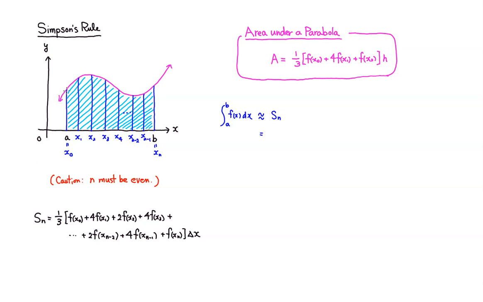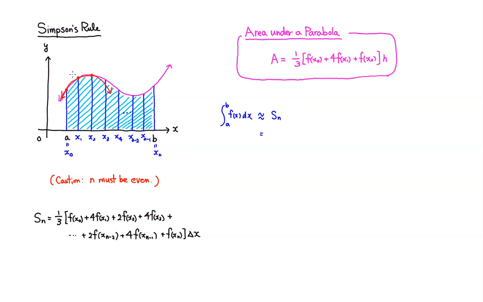Make sure it goes through these 3 points right here. We fit the curve through these 3 points and draw a parabola, which might look something like that. We pretend that this is a parabola.